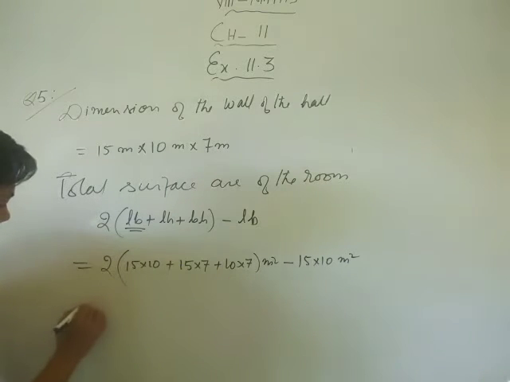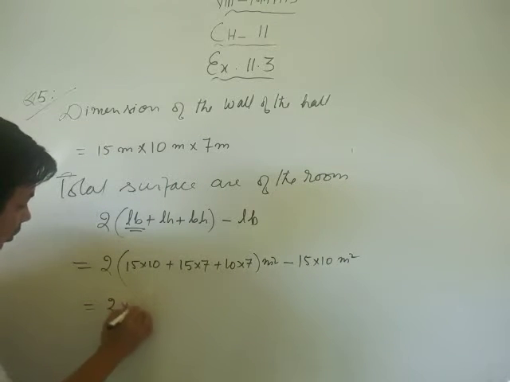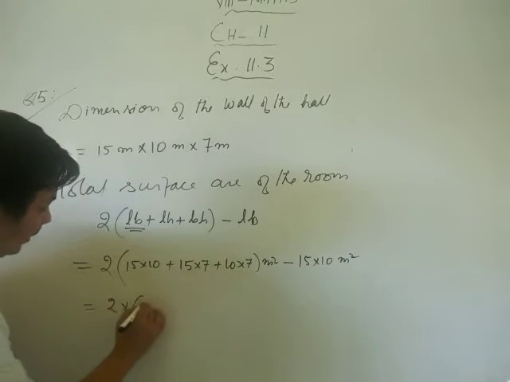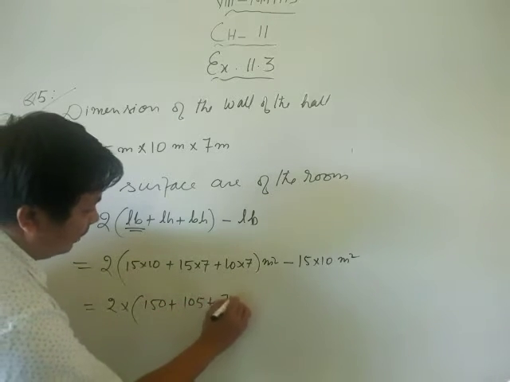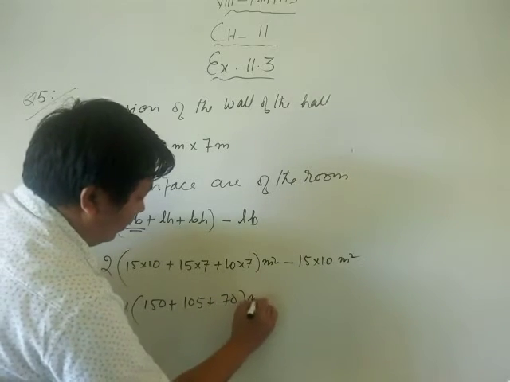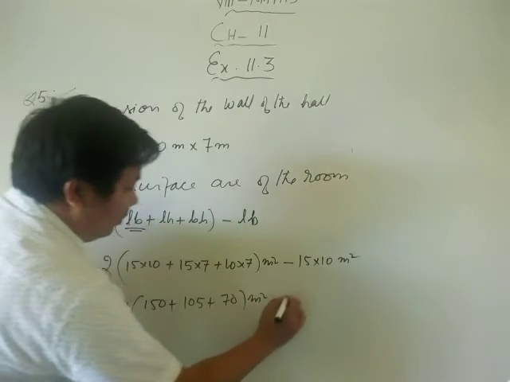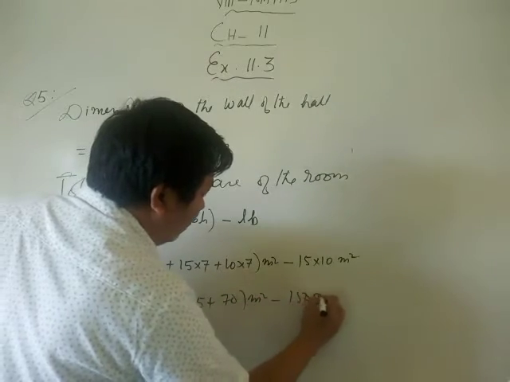How much are we getting? Let us see. 2 into, in the bracket, we get 150 plus 105 plus 70, meter square, minus 150 meter square.